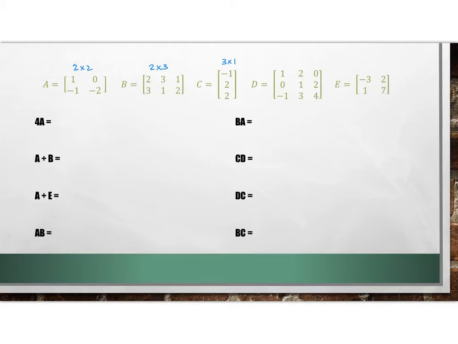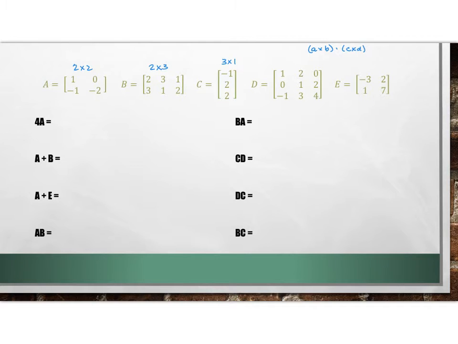The size of each of these matters because I can only add things that are the same size and shape, and I can only multiply things if the sizes are compatible. Let's say A times B is the first one, and I'm multiplying something else, a C by D matrix.